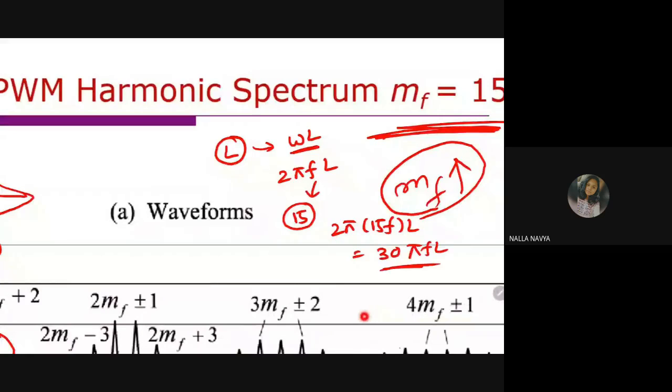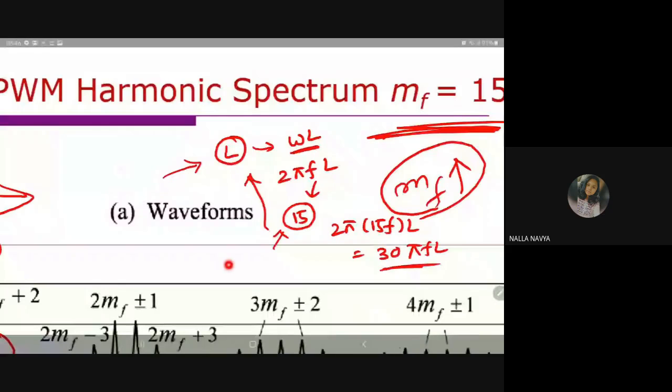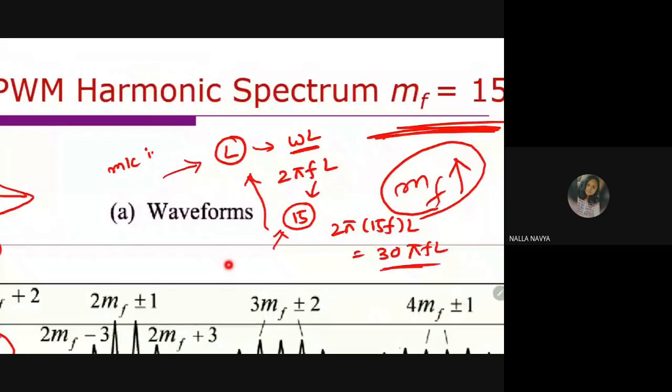So the effective impedance offered to this 15th order harmonic is increased by 15 times. Therefore, these harmonics can easily be filtered out by the machine impedance or machine inductance. We will discuss this in later classes in detail.